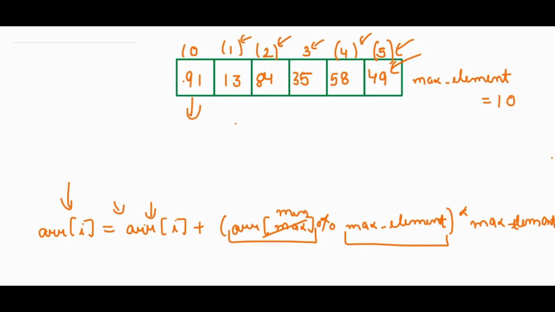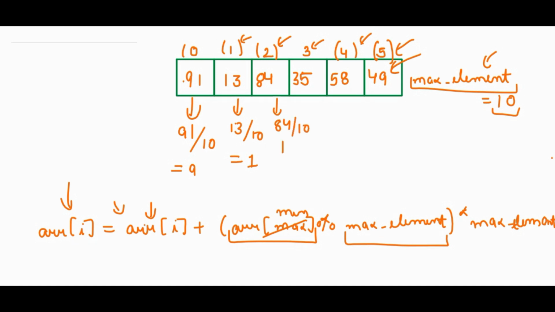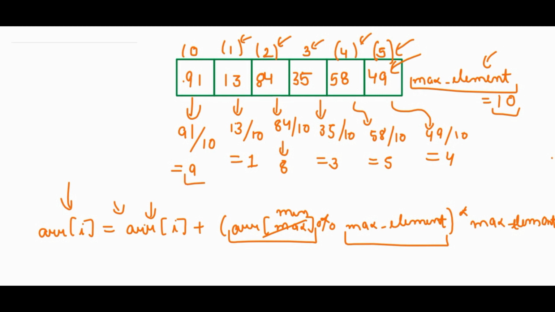If we divide it by the max element, which is 10, not always 10, the max element, 91 by 10 is equal to 9. 13 by 10 is equal to 1. 84 by 10 is equal to 8, and 35 by 10 is equal to 3. Here we have 58 by 10, which is equal to 5, and here we have 49 by 10, which is equal to 4, and it is the output that we need.